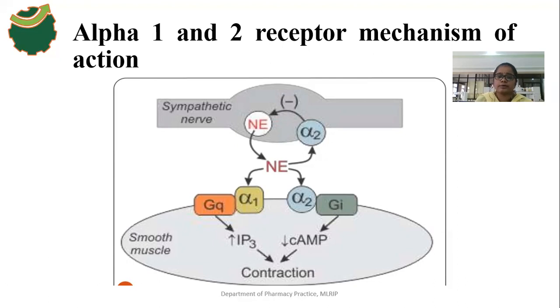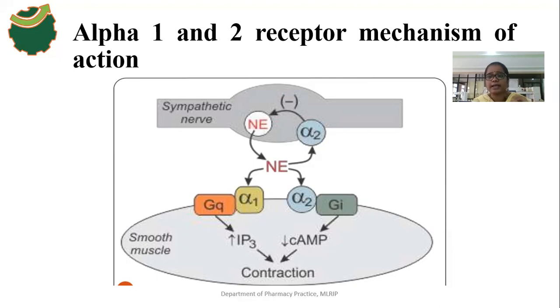So noradrenaline, after binding with alpha 1 receptors, activates the GQ protein. Upon the activation of GQ protein, there is activation of phospholipase enzyme C, which produces IP3 and DAG. That secondary messenger activates the sarcoplasmic reticulum to release more calcium.